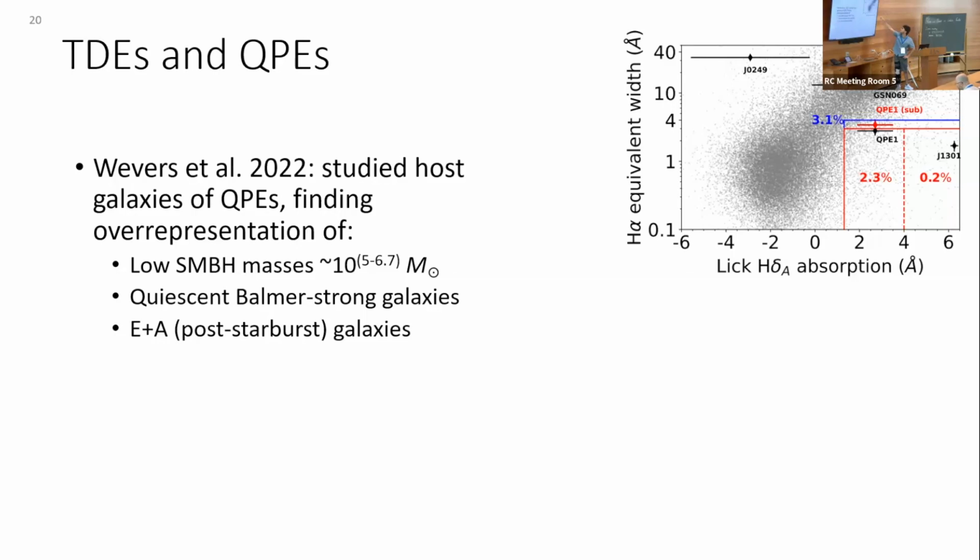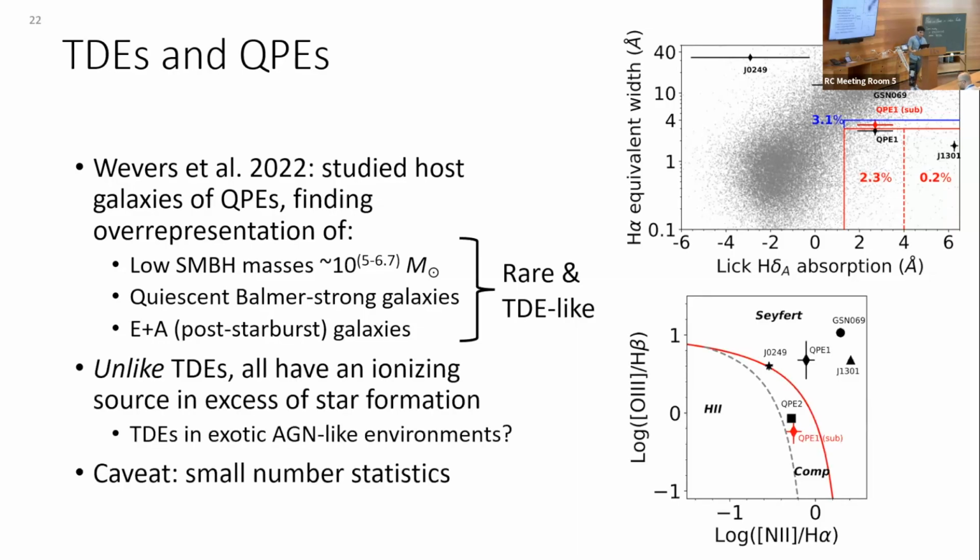So EuroQP1 and RX1301 both sit in this very sparsely populated contour of the overall SDSS galaxy population. This is a quite rare class of galaxies and is often associated with the host galaxies of TDEs. So this is a big overrepresentation, by a factor of, I think, 13 or something. But again, the caveat is that these are very small number statistics.